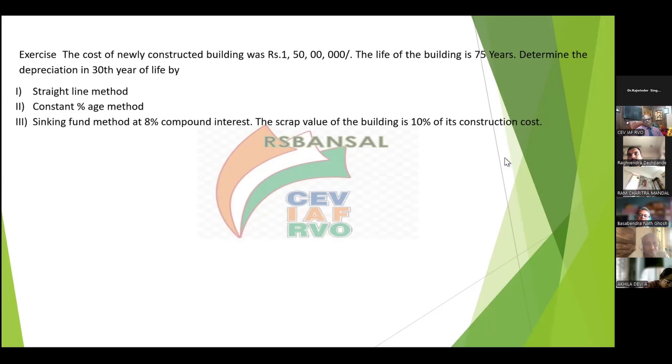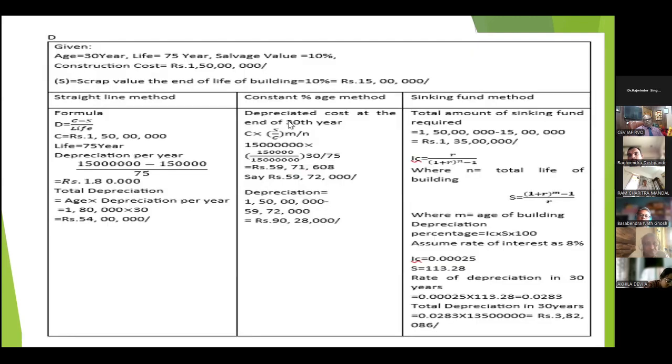So we will be using all the three methods. In straight line method, you know, formula is C minus S upon life. So cost, original cost is 1 crore 50 lakh. आप 100% की बजाय 1 crore 50 lakh भी लिख सकते हो, और सालवेज वैल्यू आपकी 10% है, 15 lakh हो, और एज लाइफ आपकी 75 है, ऐसा भी लिख सकते हो, 100 माइनस 10 भी लिख सकते हो, या ऐसे भी लिख लोगे, डज नॉट मैटर.